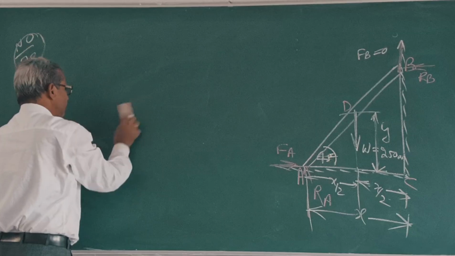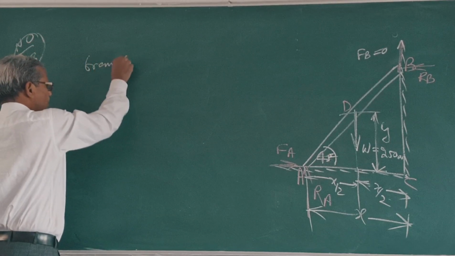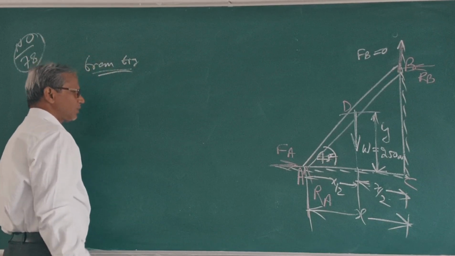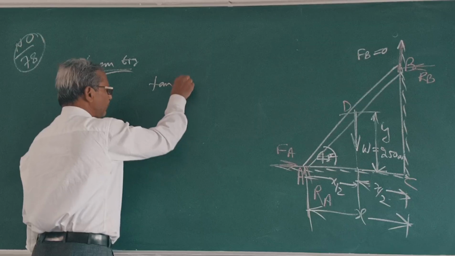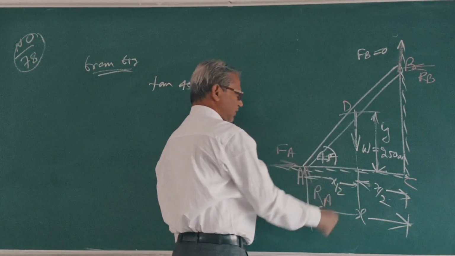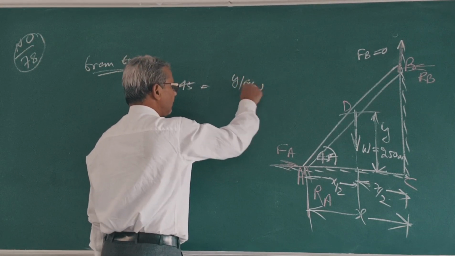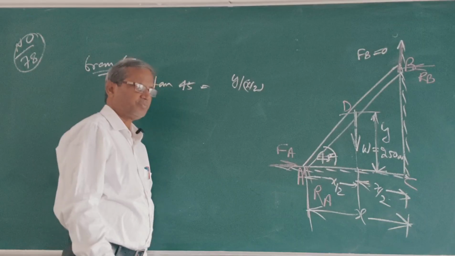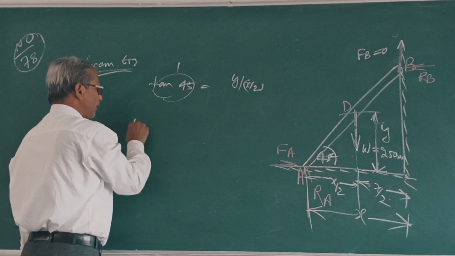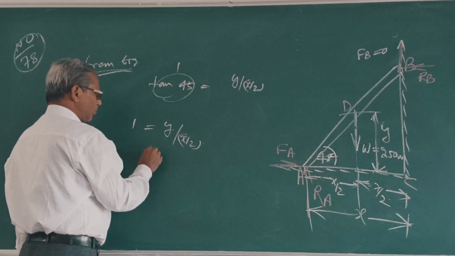So from the figure, tan 45 is equal to this by this, y by x by 2. So y is equal to x by 2.